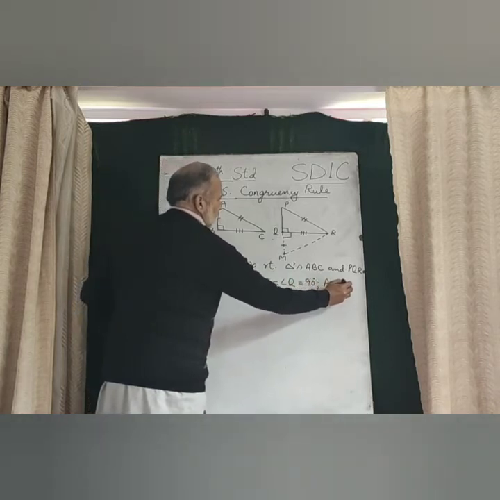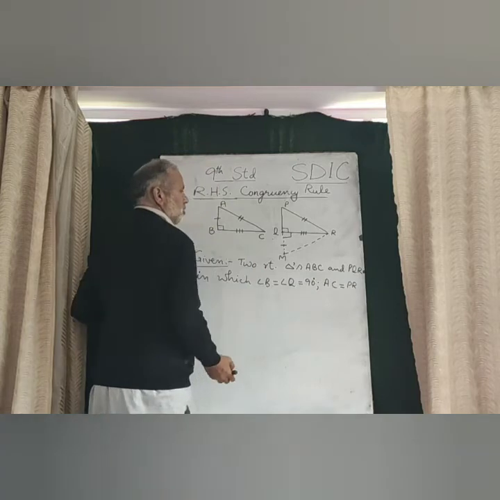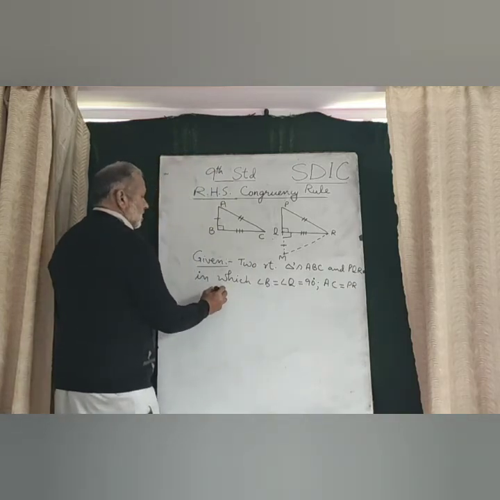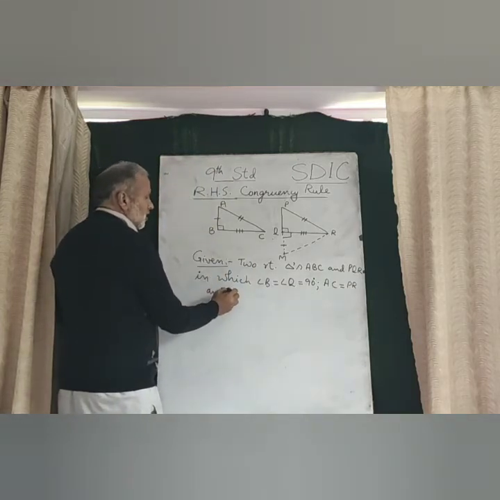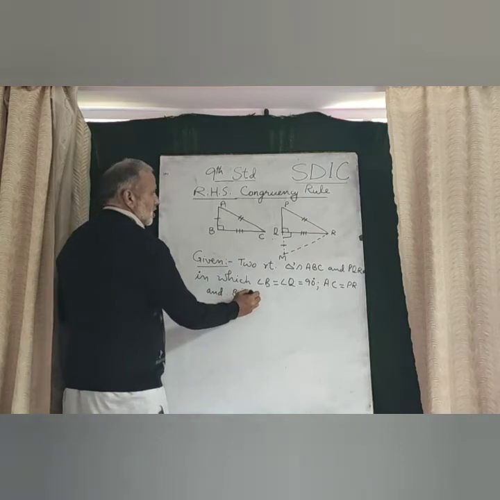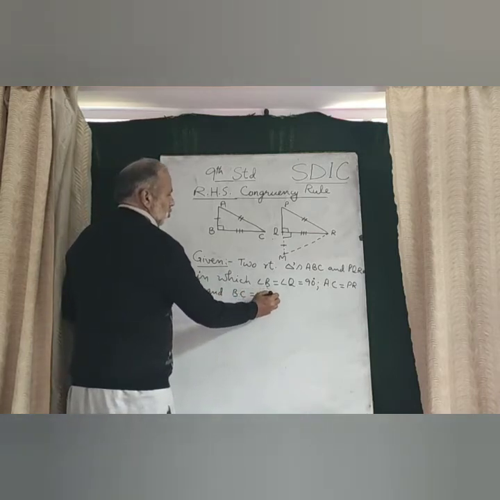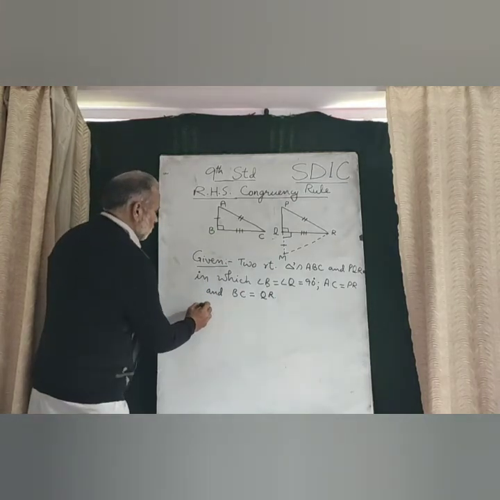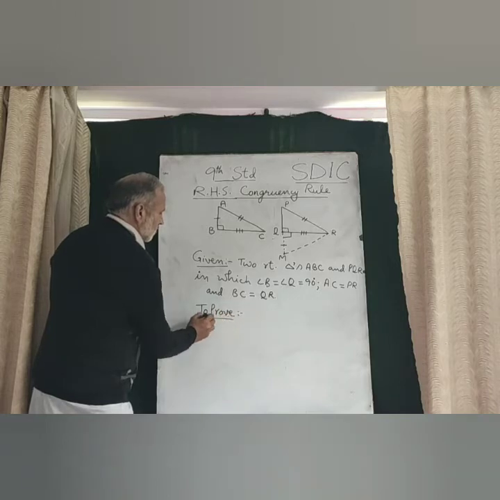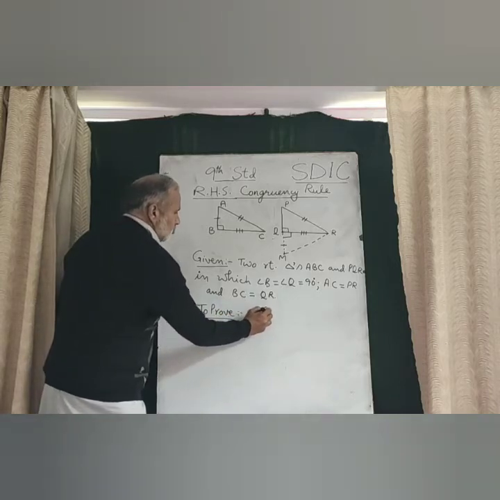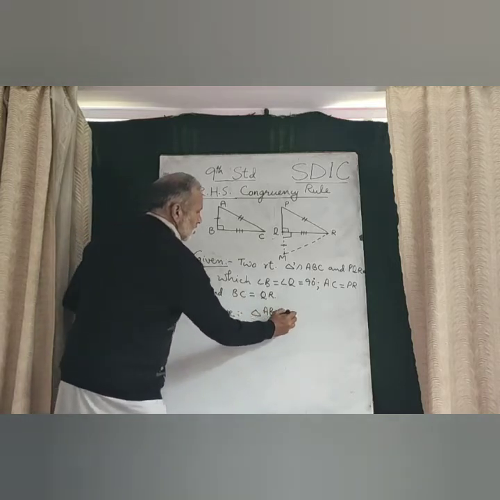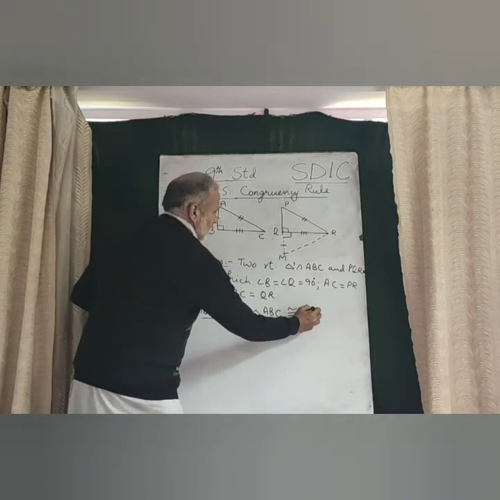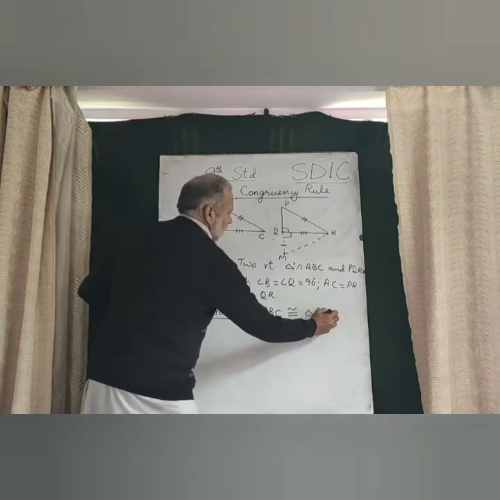AC is equal to PR, hypotenuse equal to hypotenuse, and one side we have taken BC equal to the corresponding side there, QR. This is the given information. What we have to prove? The two triangles are congruent. Triangle ABC is congruent to triangle PQR.